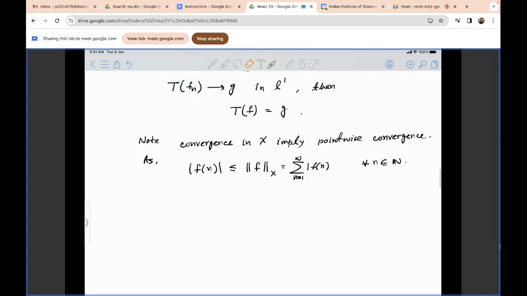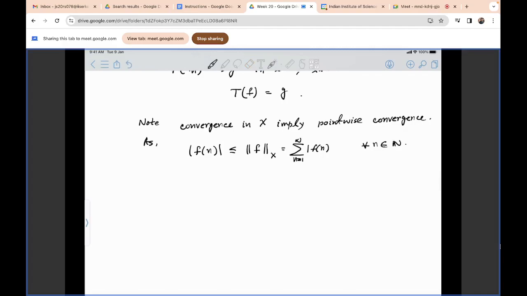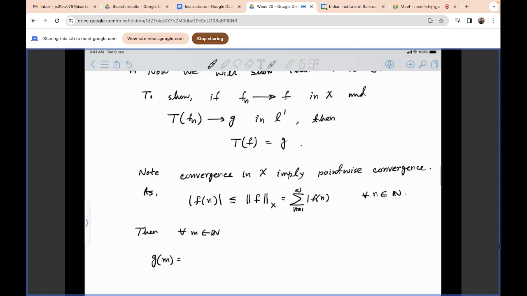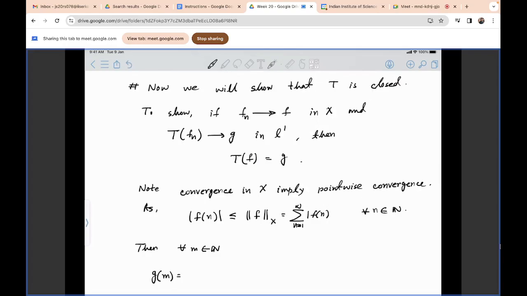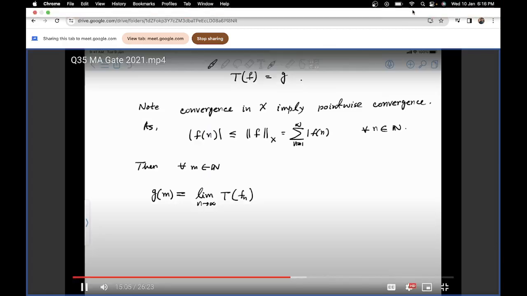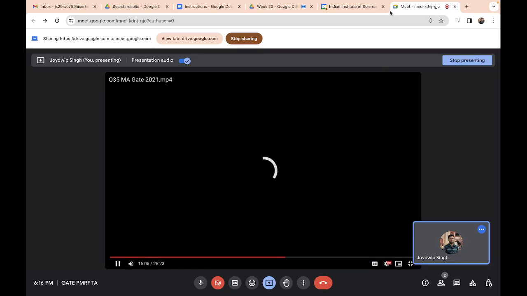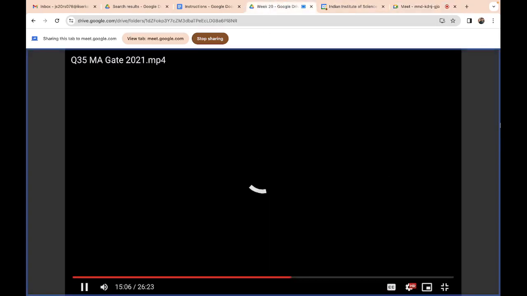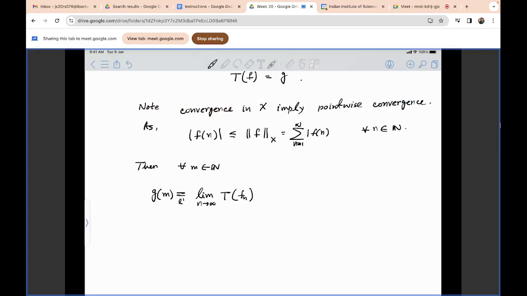So now we can show that T of f equals g. For all m in the natural numbers, what is g of m? g is the L1 limit of T of fn. So this is the limit as n tends to infinity of T of fn. So this is convergence in L1. Right, L1 limit.